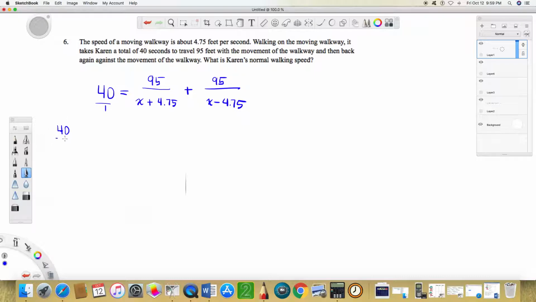I'm going to take this 40 over 1 and multiply it by the number 1, but I'm going to write the number 1 as x plus 4.75 times x minus 4.75 over the same thing in the denominator, so I'm not changing the problem.